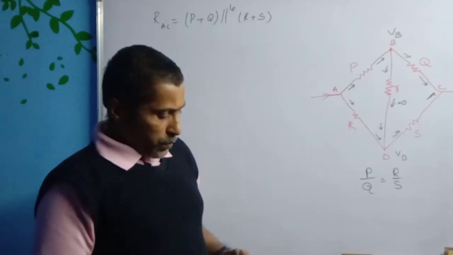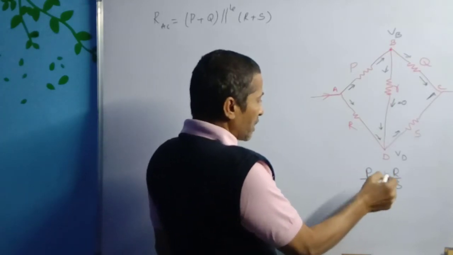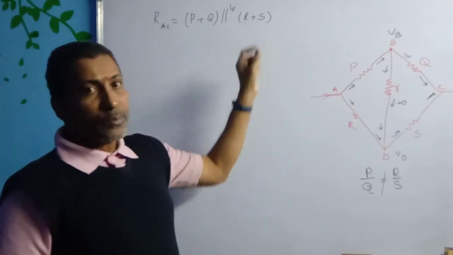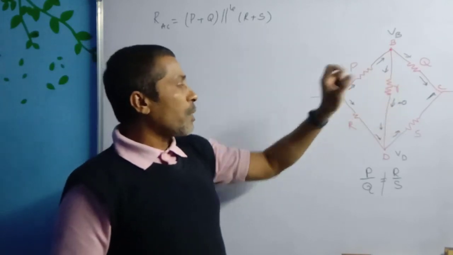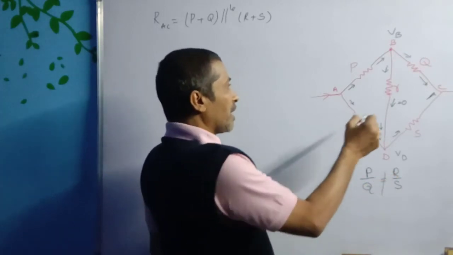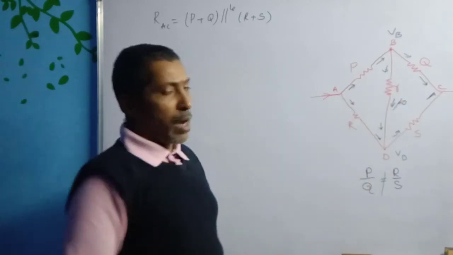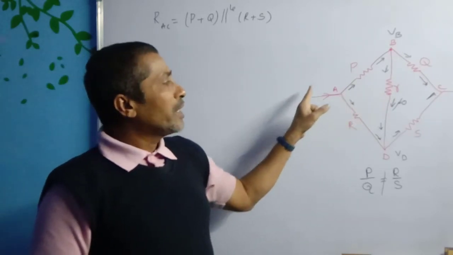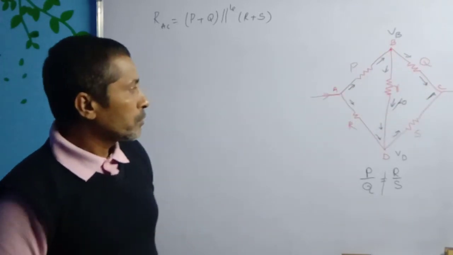Let us suppose the ratio P by Q is not equal to R by S. Then what happens? Is this formula to be used? This formula is to be used when there is no current through the small r. When P by Q is not equal to R by S, there is a little current, not equal to 0, passing through the resistance small r. Therefore, this resistance is also included in the equivalent resistance of the Wheatstone bridge circuit.